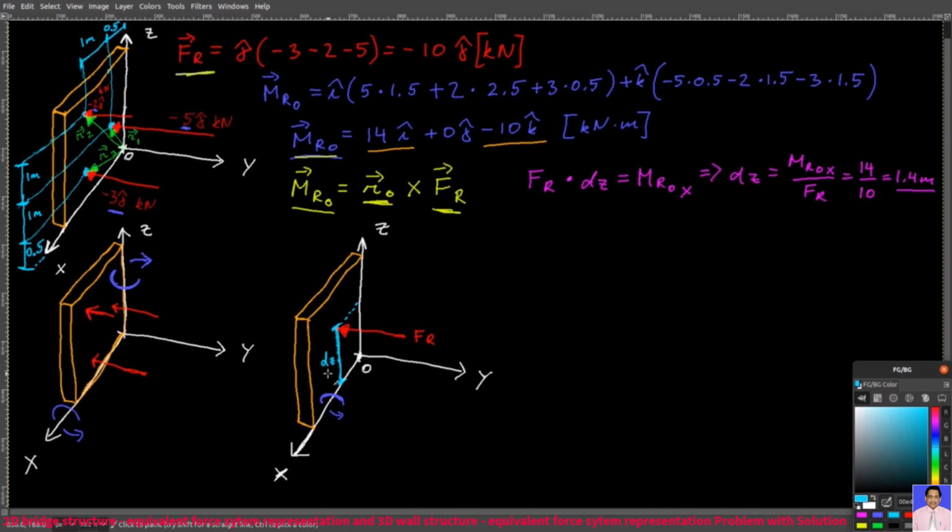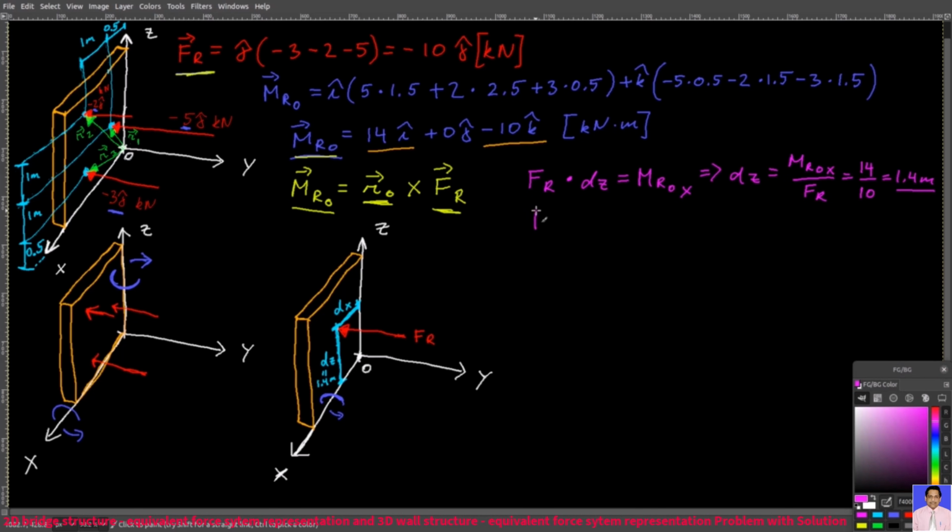So this dz is 1.4 meters. And now I need to find my dx, the distance from point O till this special place for my FR vector in the x dimension.